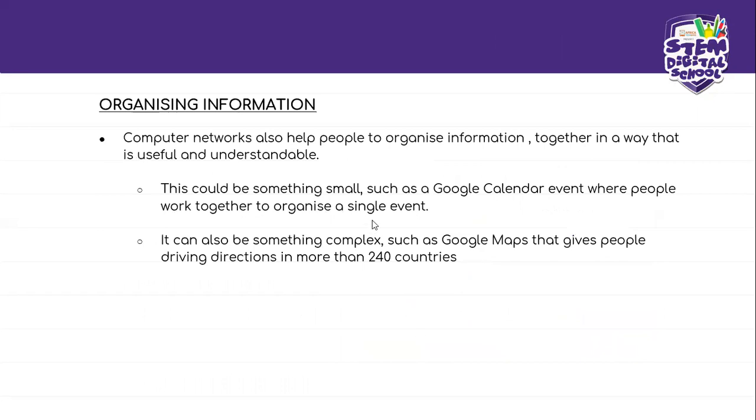All right, so the second aim and objective of a network is to organize information. Computer networks also help people to organize information together in a way that is useful and understandable.